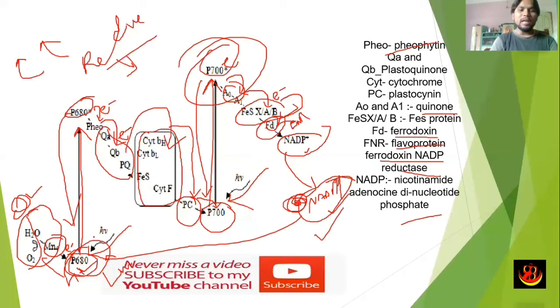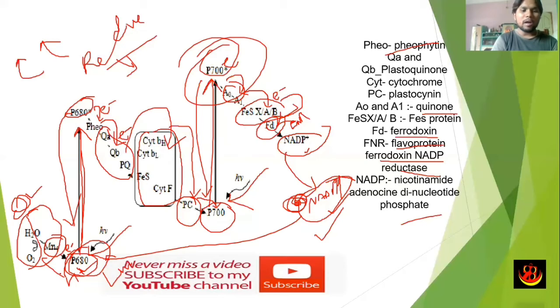This path looks like a Z, so it is also known as the Z scheme. Now we'll see how it is phosphorylated, meaning how it generates ATP. I hope you understood this non-cyclic pathway, the Z scheme.